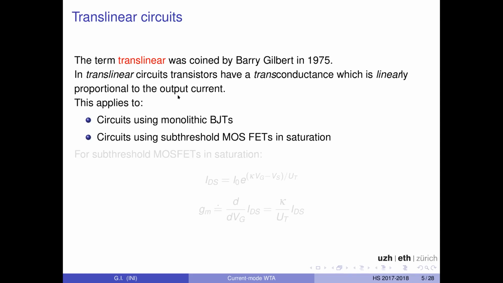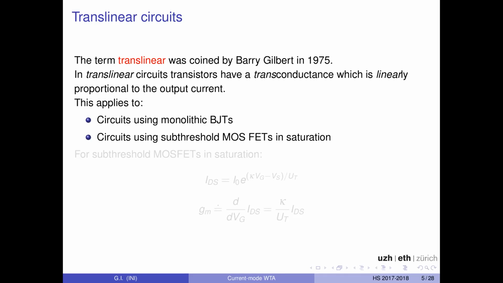For example, in the transconductance amplifier, if you use voltage inputs which are relatively small, and you're in the linear region of the hyperbolic tangent, you could use that as a translinear circuit in that particular region. The same for the diff pair, the differential pair. If you use it in the region in which the current is linear with the input, then you could think of that as a translinear circuit.